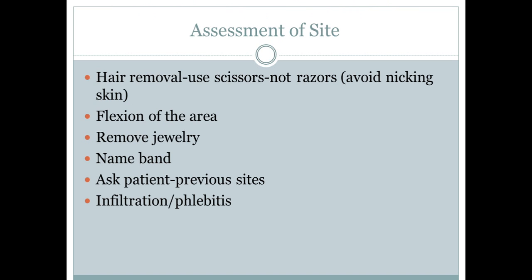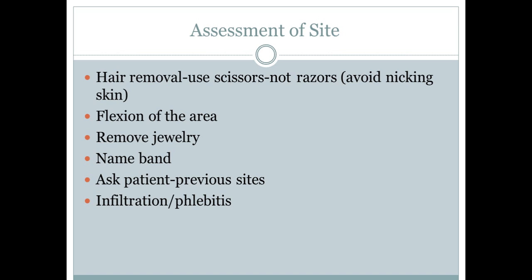So once we've educated the patient, we looked at their chart, we've got their history, we found our site. Let's say we have a gentleman who's especially hairy. We need to be able to visualize that vein. So when we go to prepare the site, if we have to get rid of some of that hair, whether it be in the arm, the hand, what have you, we are not going to just get the razor out and shave it.